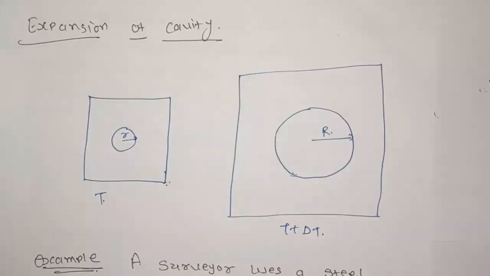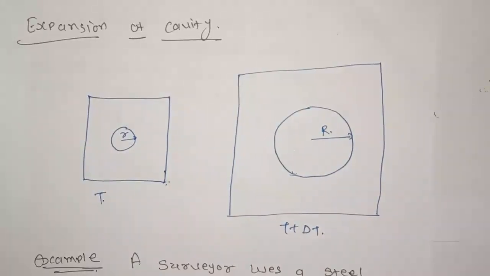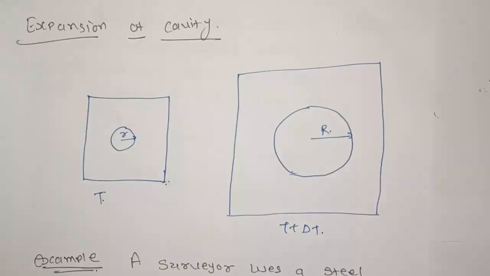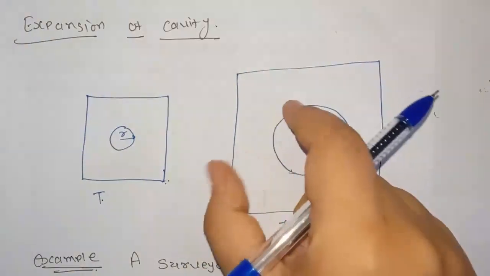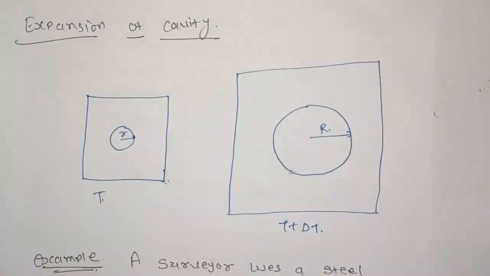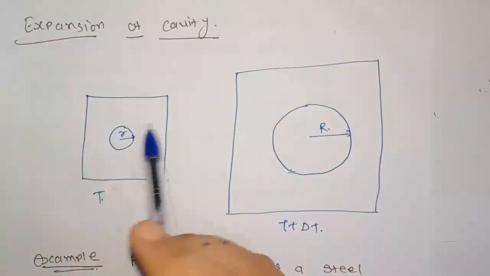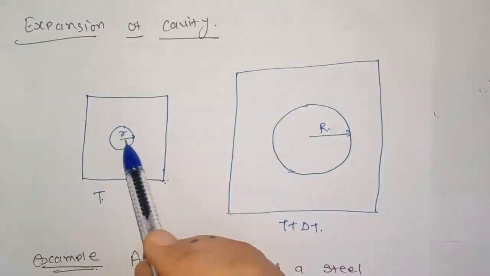Now let us see the expansion of a cavity. Thermal expansion of an isotropic object may be imagined as a photographic enlargement. The way we zoom a photo, we can understand it by that. So imagine there is a hole in a plate. For example, this is a plate and there is a hole. We can say it is a cavity.